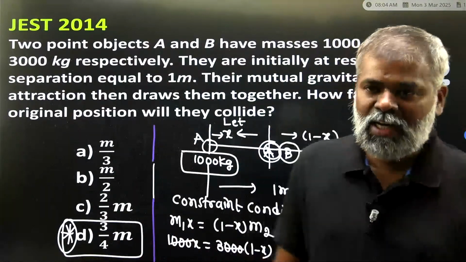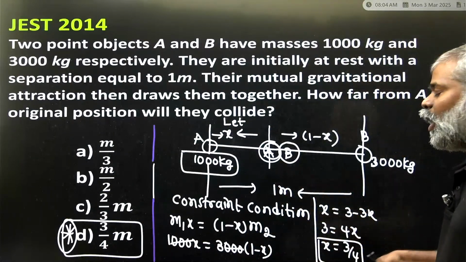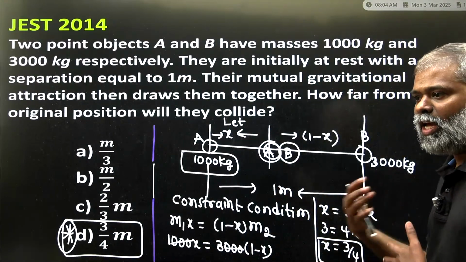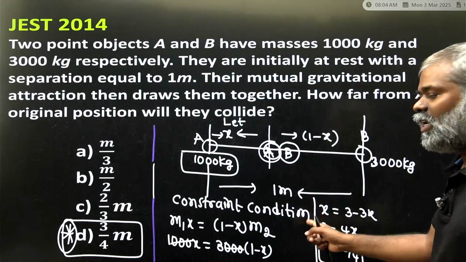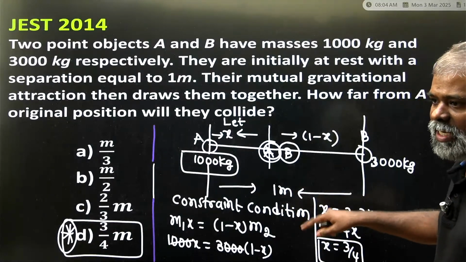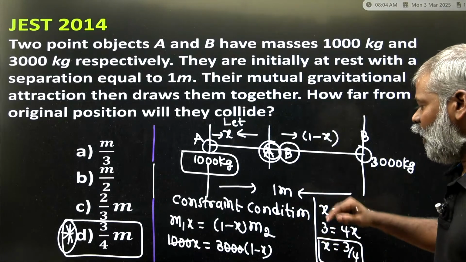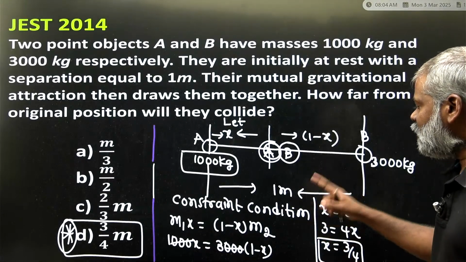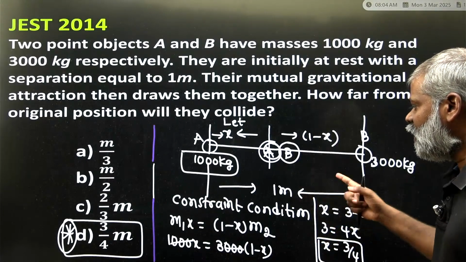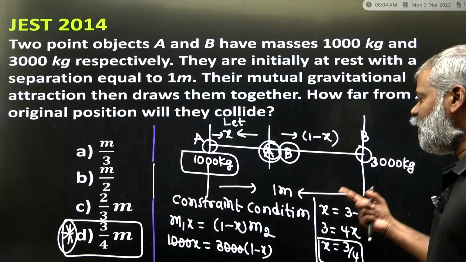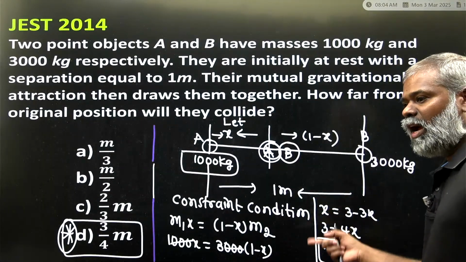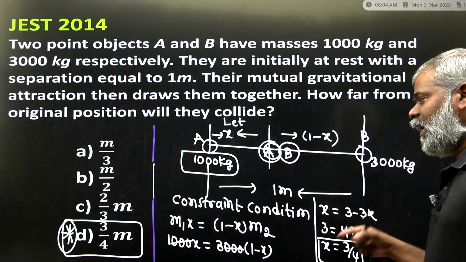Is that clear? So this is the rolling condition, the rolling particles constraint condition. Based on it, we write x is equal to 1 minus x, and then adding the masses, m into x is equal to m into (1 minus x).